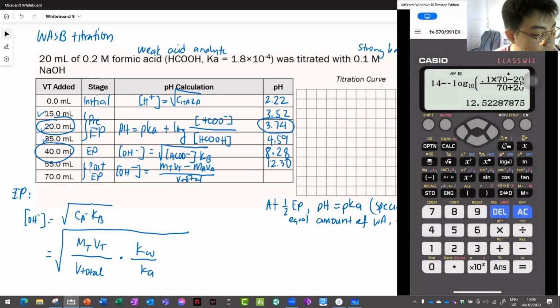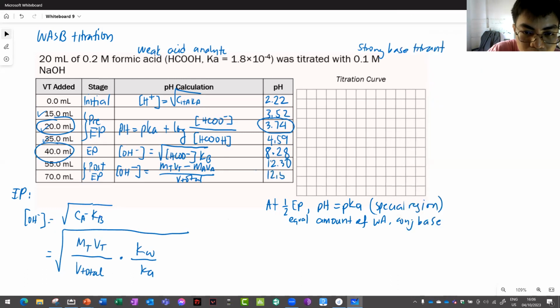It's 12.52. Okay? So, that's how you solve for the weak acid, strong base titration of the formic acid. Kaya naman, di ba? As long as you just know the stages.